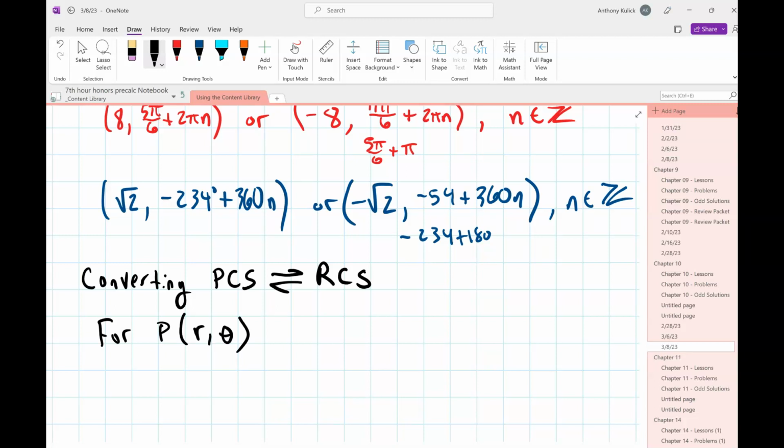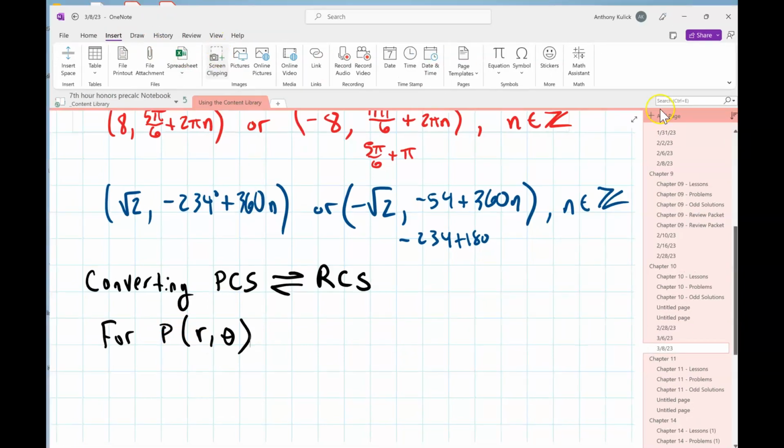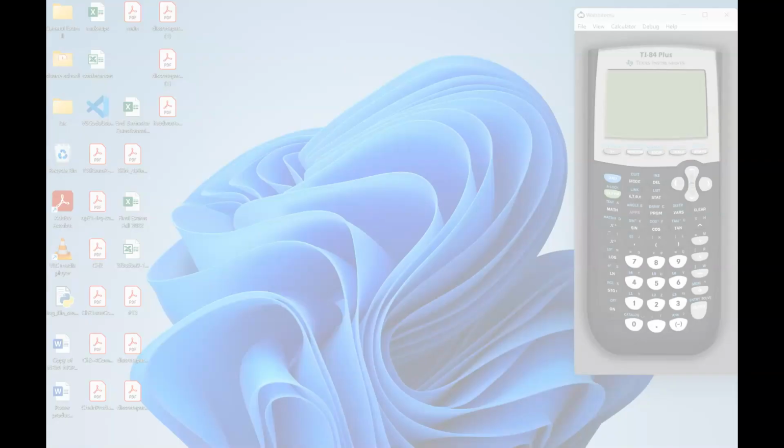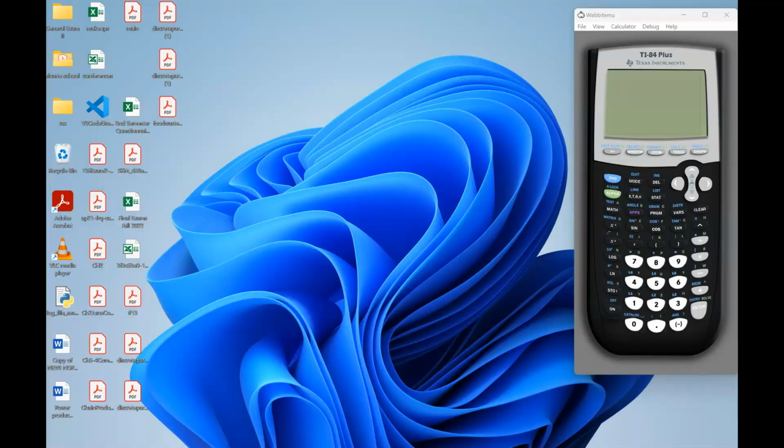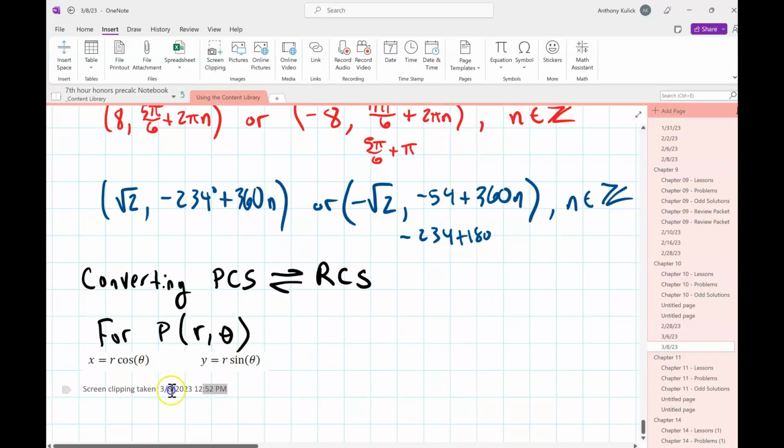So I have some point in the polar coordinate system, r comma theta. I can calculate my x by doing r cosine theta and my y by r sine theta.